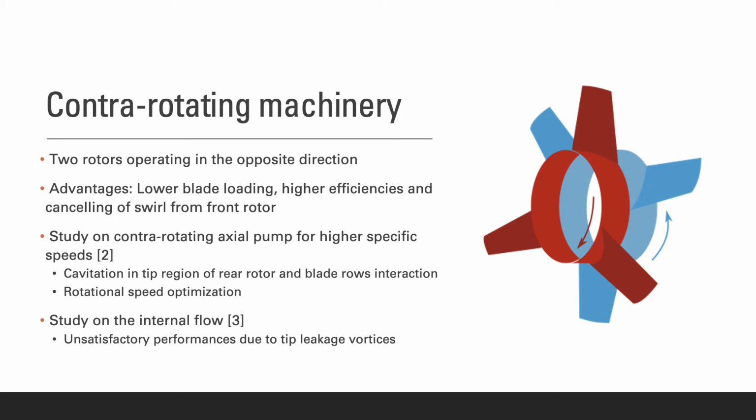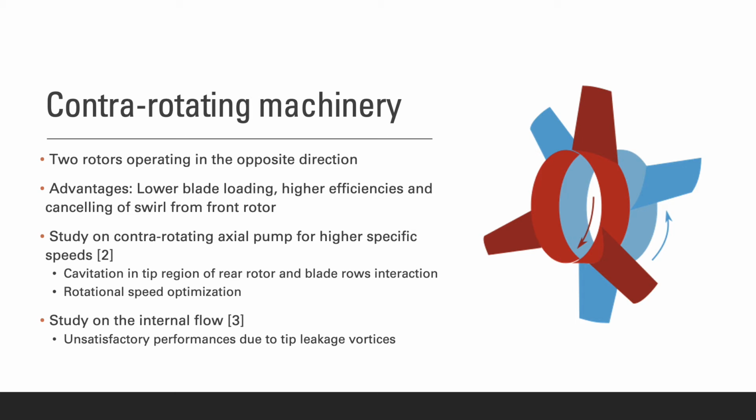The first one is for axial pumps for higher specific speeds, because they found that axial pumps with single rotors had deteriorating performances for higher specific speeds, and wanted to see if the contra-rotating type could solve this.